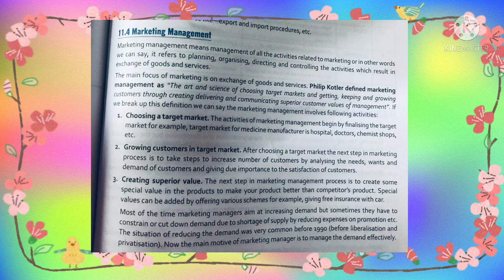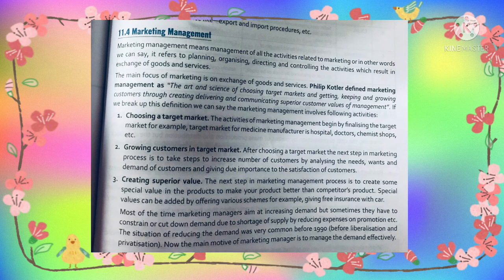Choosing a target market means the activities of marketing management begin by finalizing the target. Obviously we need to keep a target if you really want to do business. For example, the target market for medicines manufactured is hospitals, doctors, chemist shops, etc.